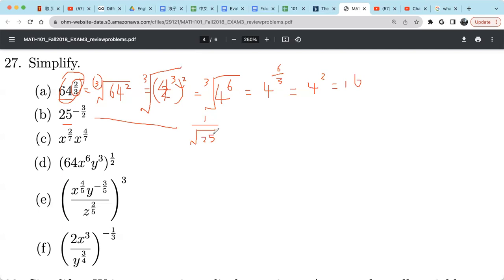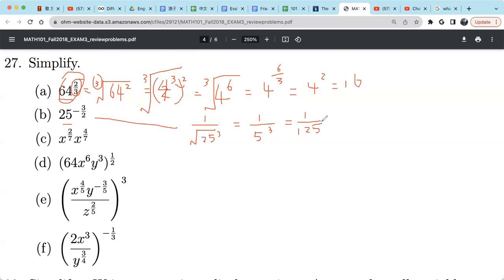Square root of 25, then this raised by 3. What's the square root of 25? Which is 5. 5 raised by 3, 125. So then 1 over 125.